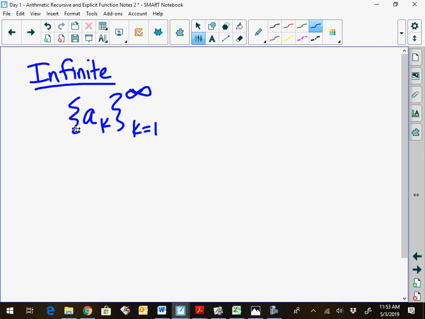So, for example, if we have this sequence of numbers, 3, 7, 11, 15, and it continues on. Now, can we write this as an explicit and a recursive function?